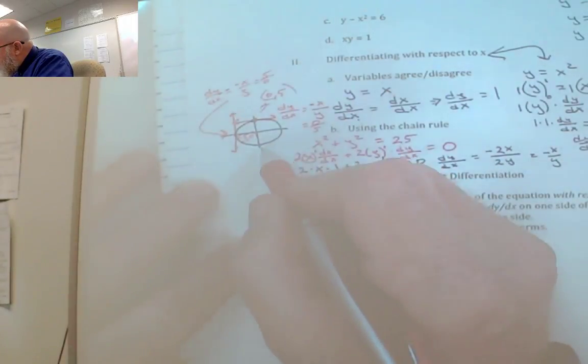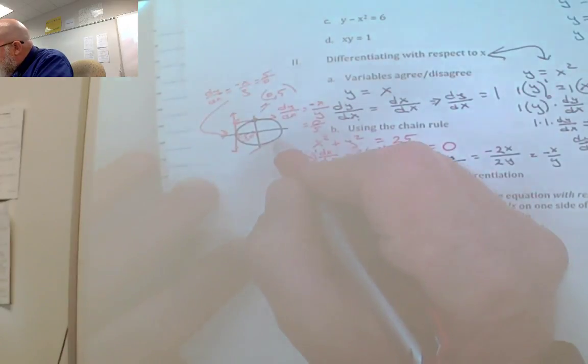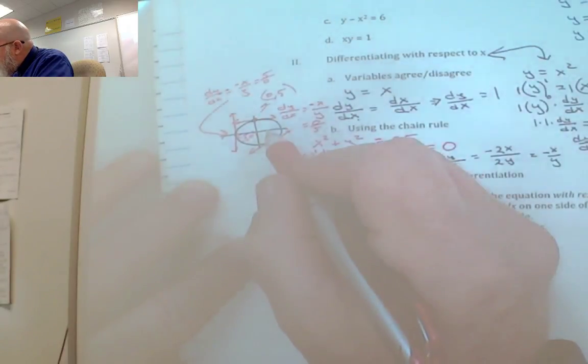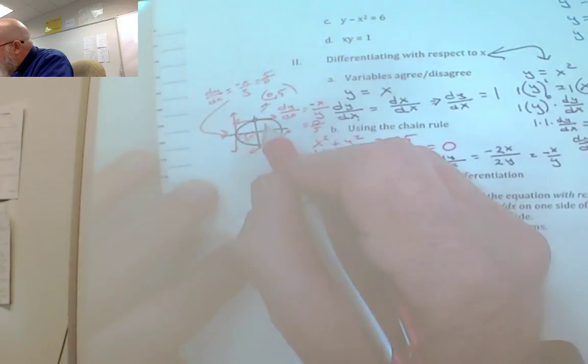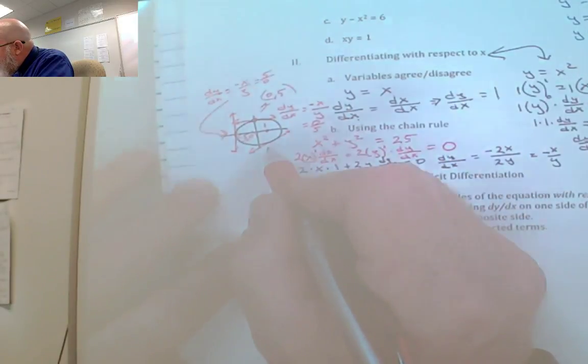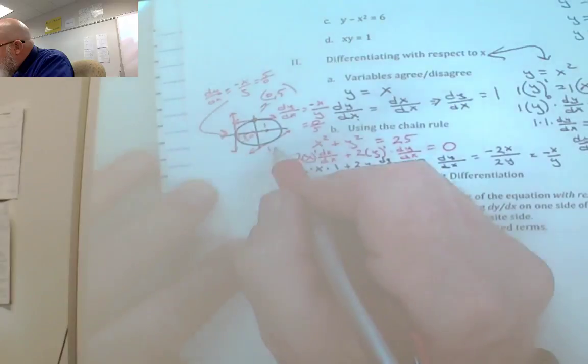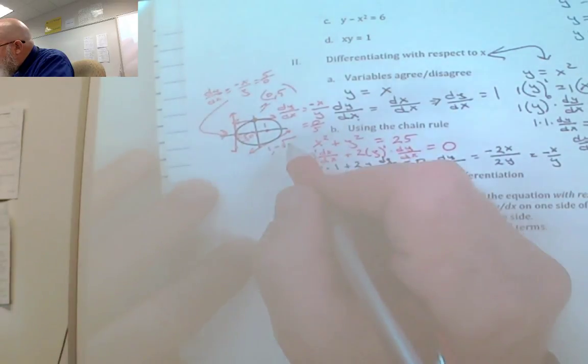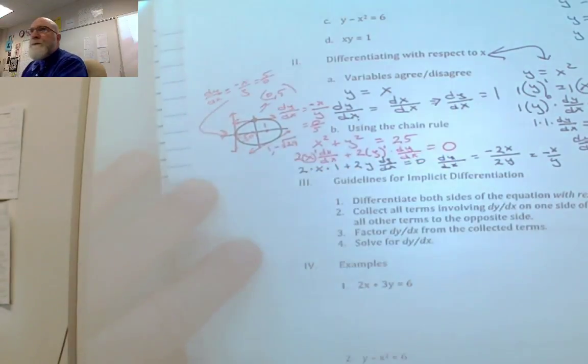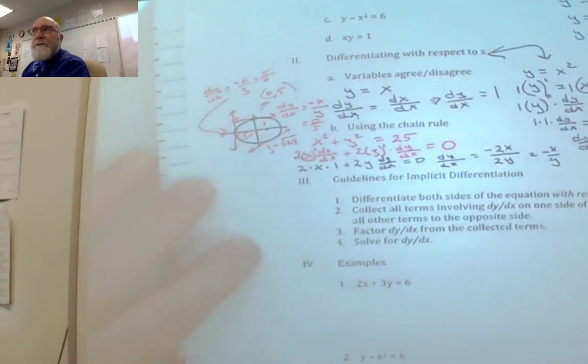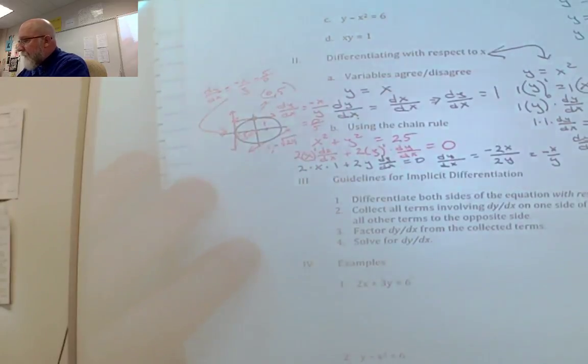This point right here is, that's 1. So that's going to be 1, negative square root of 24. That's what the point is. Does everybody know where I got that?